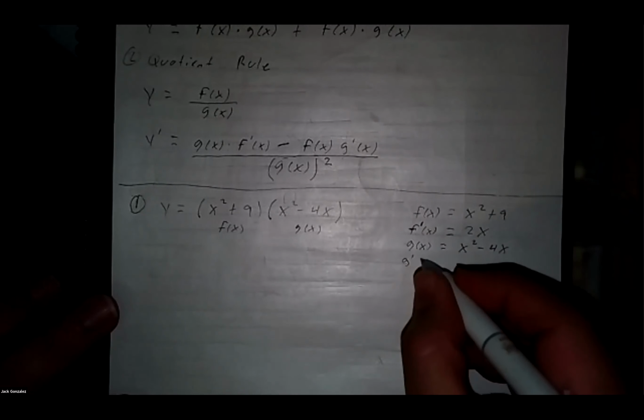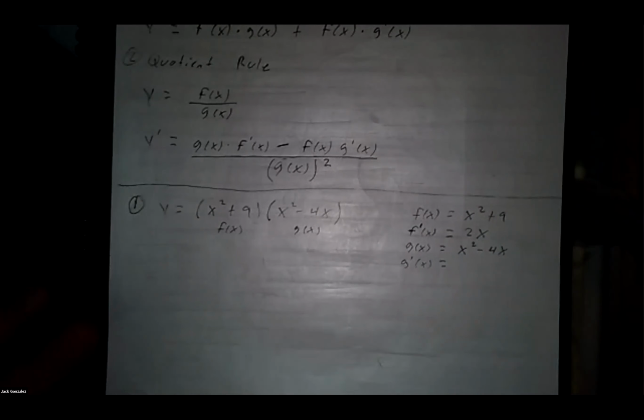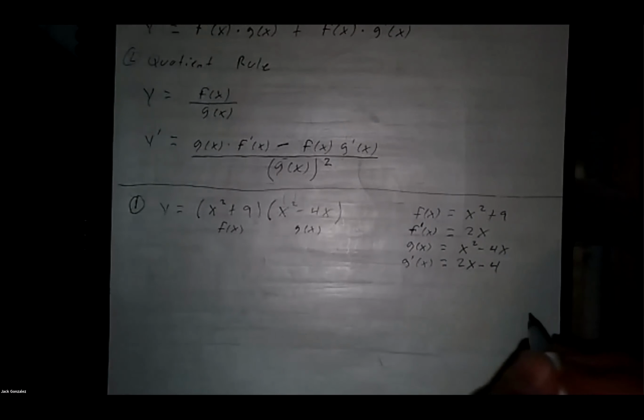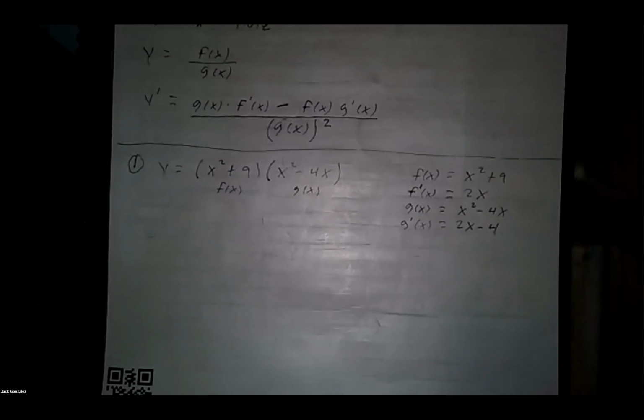What is g prime? 2x minus 4. Is everyone comfortable with those derivatives?